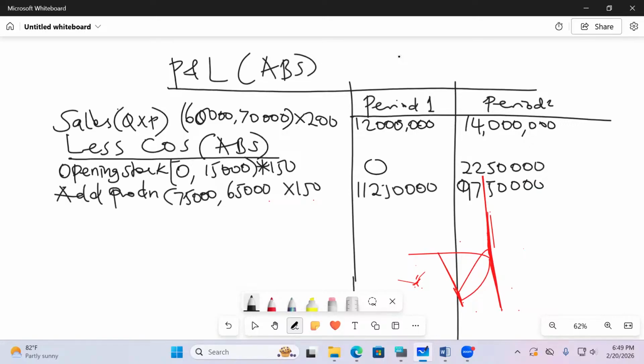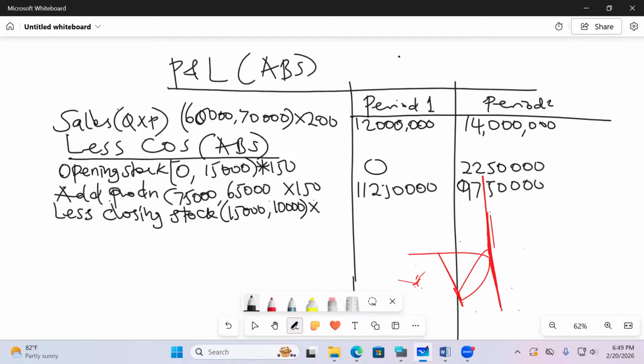And then we come under less closing stock. So we must be able to know the closing stock units, isn't it? Closing stock units, do you remember them? For period 1, 15,000. Period 2, 10,000.